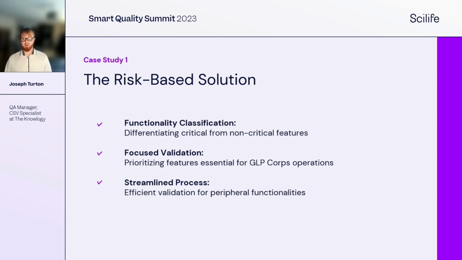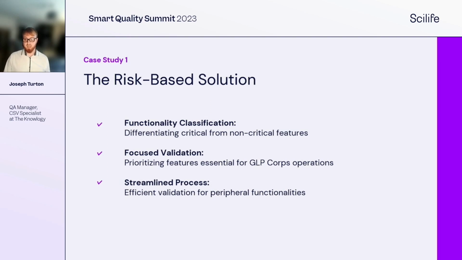Once they classified the functionalities, GLP Corp allocated 75% of the resources to critical functionalities, ensuring that they were thoroughly tested and compliant, while the remaining 25% of the resources were smartly utilised to validate the non-critical functionalities. The aim was not to overlook these aspects, but to validate them more efficiently, saving time without compromising quality. This shift to a risk-based approach to CSV resulted in a remarkable 40% reduction in overall validation time.